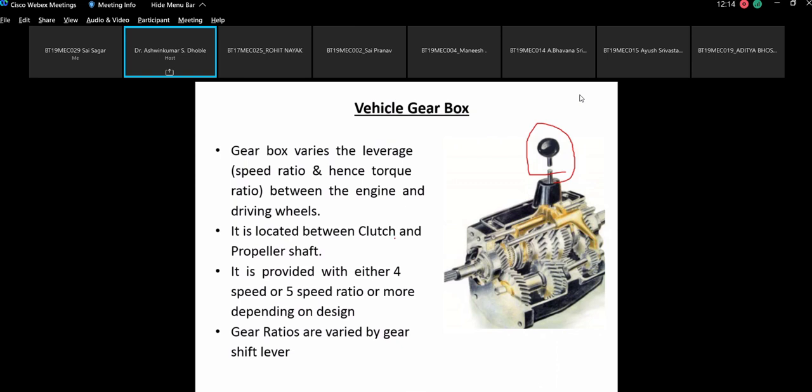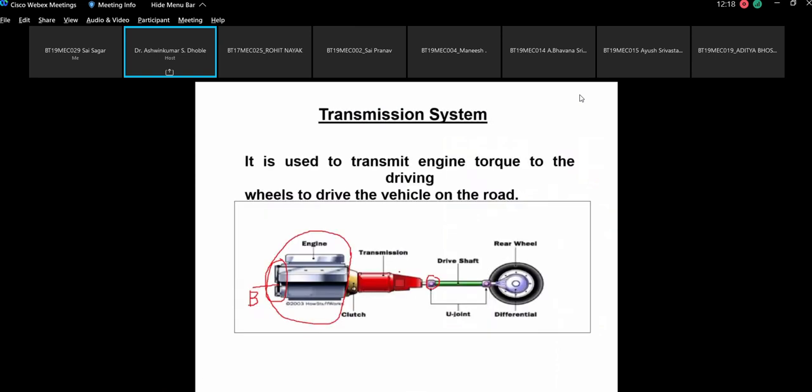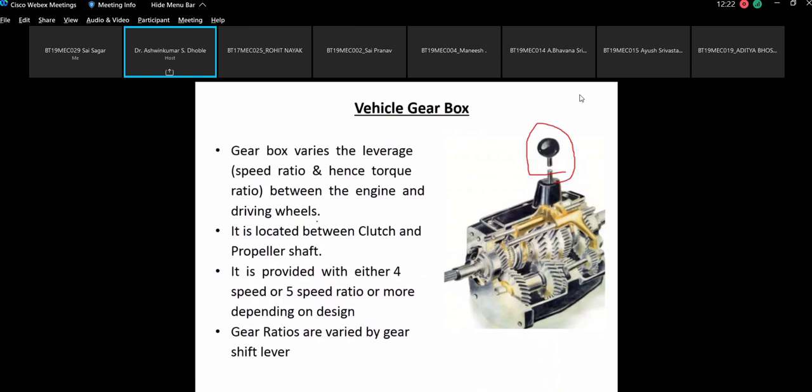It is located between the clutch and the propeller shaft. This is the gearbox. It is provided with either 4-speed or 5-speed ratios or more depending on the design.